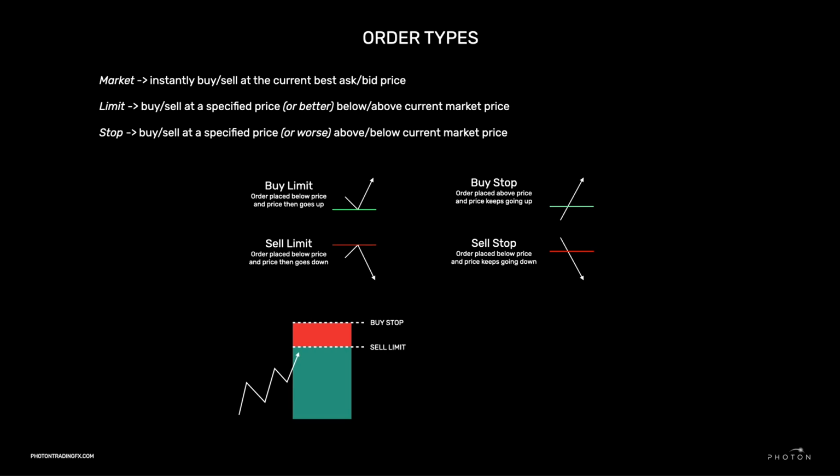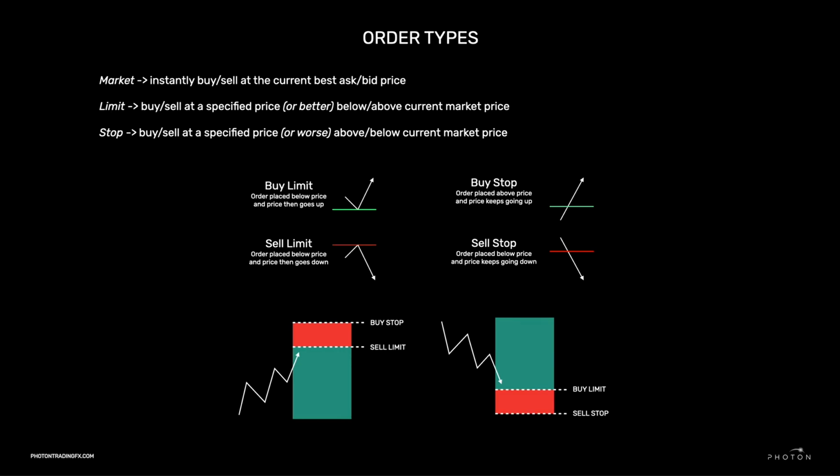Because if price keeps going up against your short position, you will be stopped out with a buy stop because you need to buy back your short position from the market, right? Likewise, if you are in a long position, then you want price to keep going up. But if it doesn't and it keeps going down, then your stop loss order will be a sell stop because you need to sell back your long position to the market.